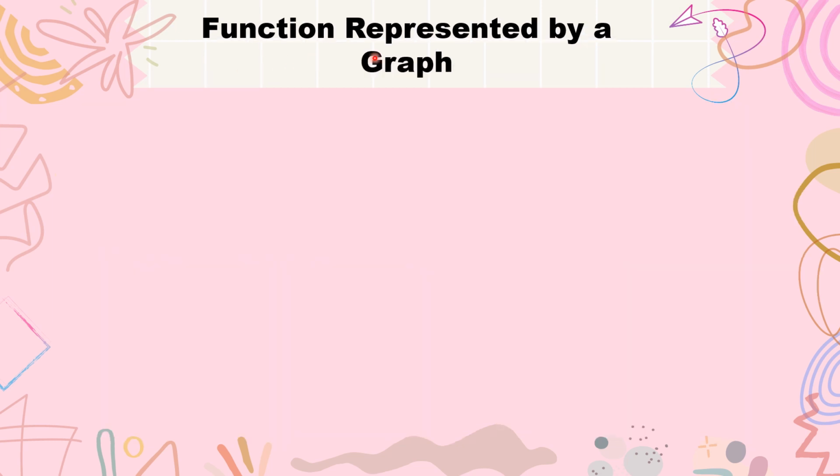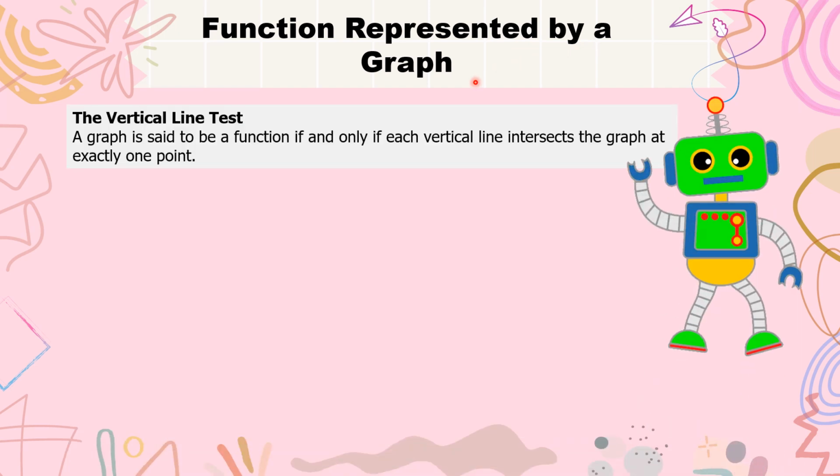Let's have function represented by a graph. So to determine whether a graph is a function or not, we will use the vertical line test. And what is vertical line test? A graph is said to be a function if and only if each vertical line intersects the graph at exactly one point.